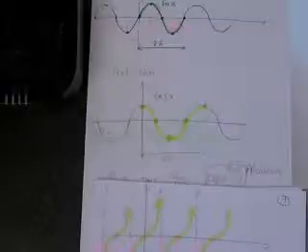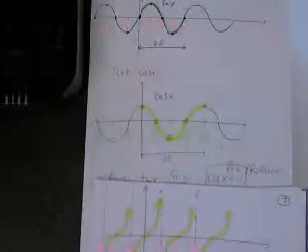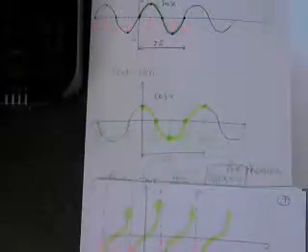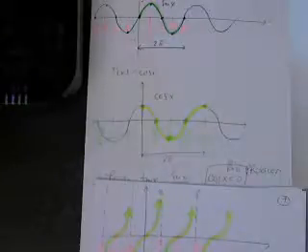Oh, I made a mistake. I'm sorry. That's my x minimum. -pi over 2. And this is positive pi over 2. Okay?